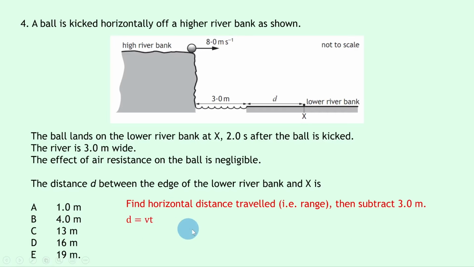So we have d equals vt, where we can plug in the numbers of 8 meters per second times the 2 seconds for the time of flight, which is 16 meters. However, remember that is the total distance from here to here, the full range, and we want just the distance D, so we can say that distance D is equal to 16 minus the 3 meters, which gives us 13 meters, which is the answer C.